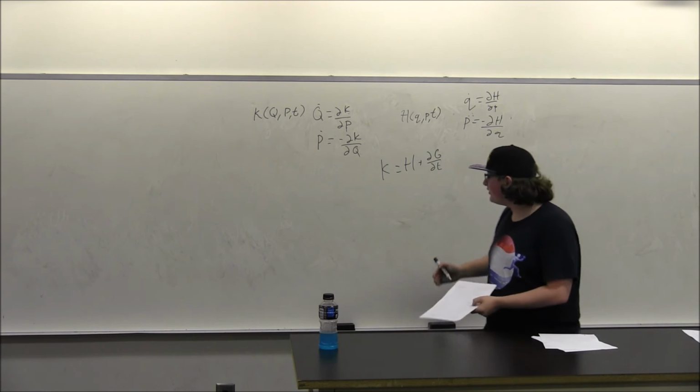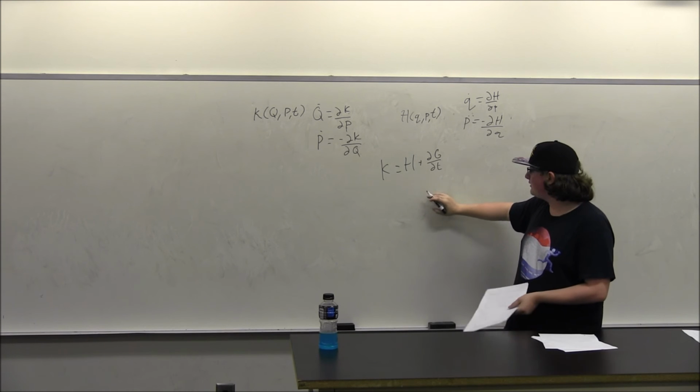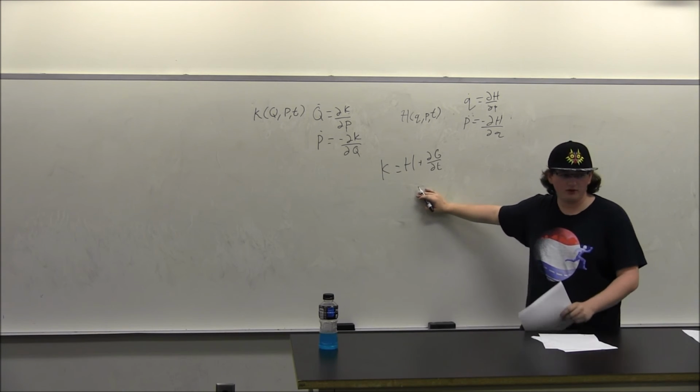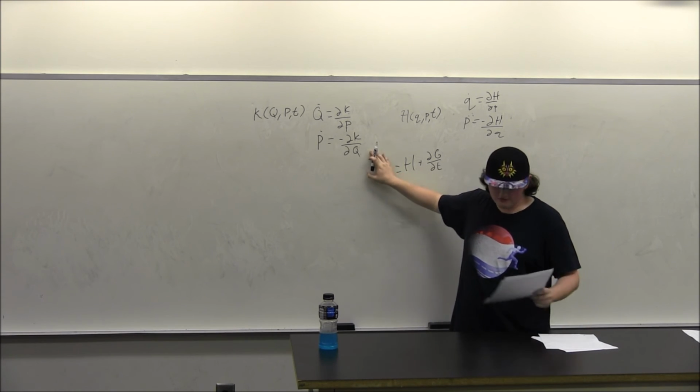So, if we can find a generating function, then we know that our change of variables preserves Hamilton's equations.